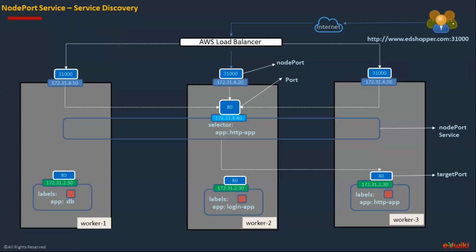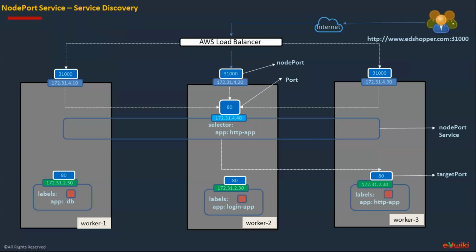You maintain your DNS entry so that this domain is resolved into an AWS load balancer endpoint. That way, whoever is accessing this website name, the request will be resolved to the AWS load balancer. The AWS load balancer will see that I have 3 worker nodes which are the targets.